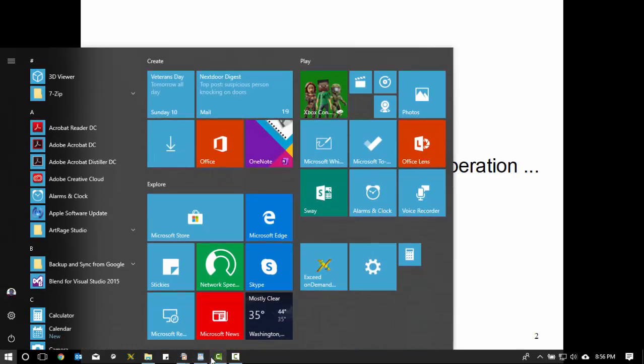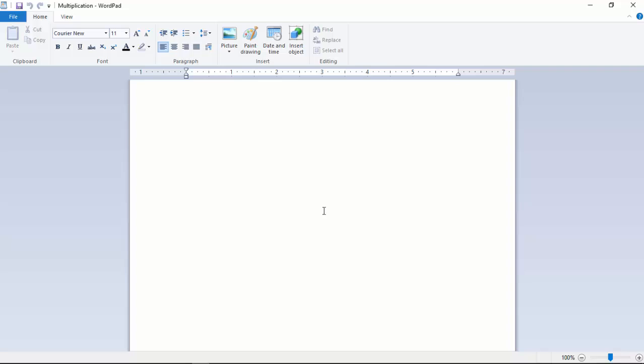So, to understand the multiplication operation, let's first review what we do for decimal multiplication. It's basically the paper-and-pencil method we learned.